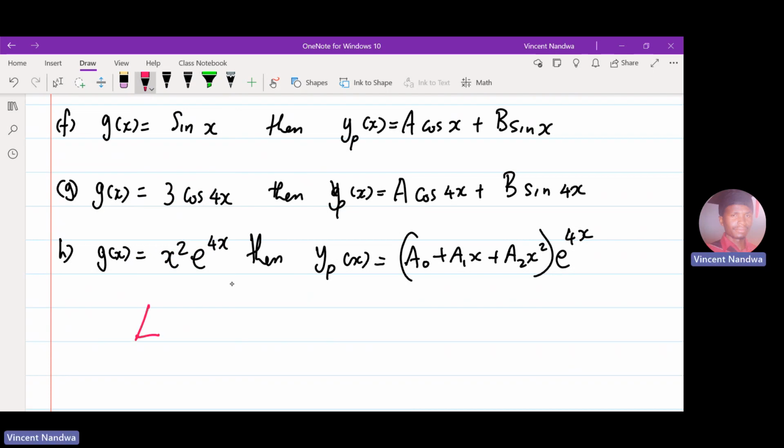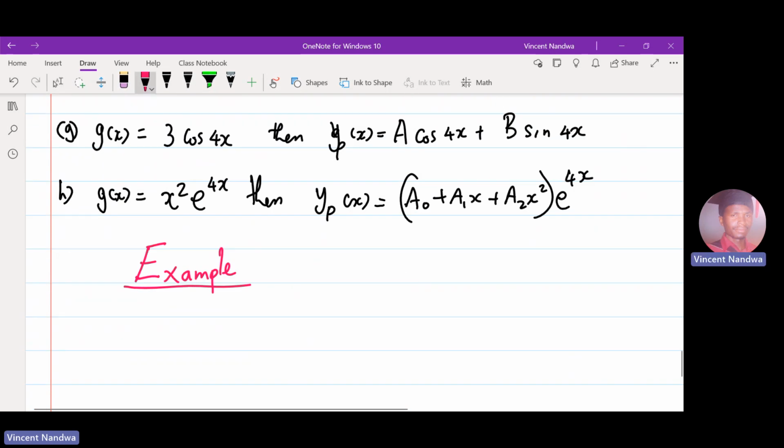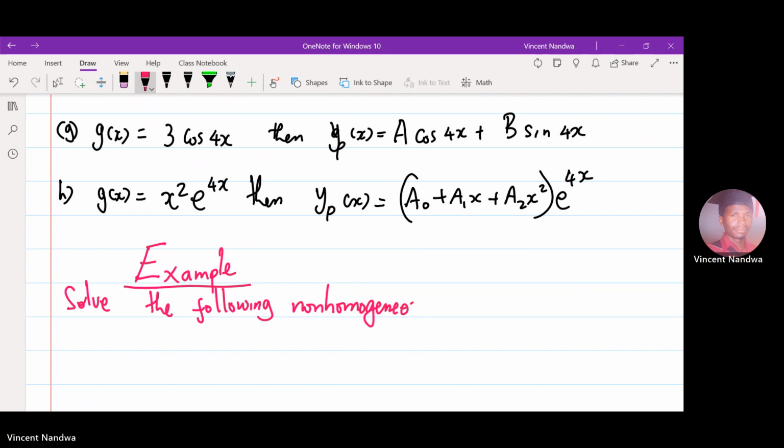Now we are mature enough to do an example on how to solve a non-homogeneous equation by the method of undetermined coefficients. Solve the following non-homogeneous equations.